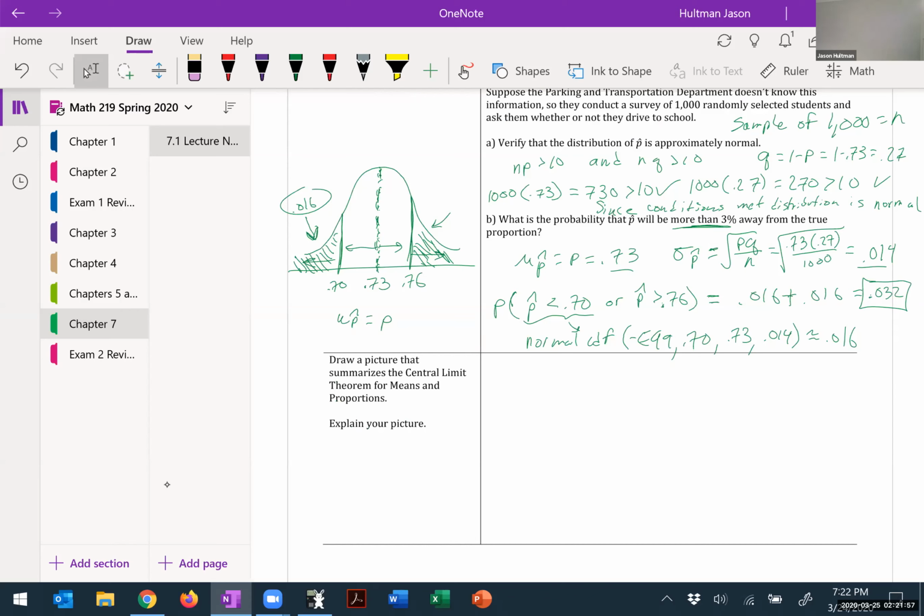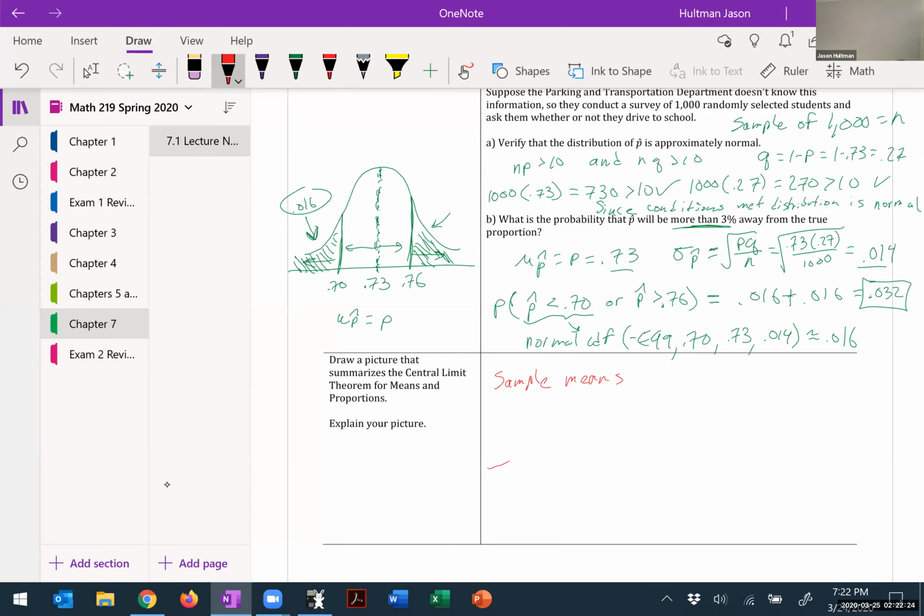Draw a picture that summarizes the central limit theorem for means and proportions. Explain your picture. So let's summarize. For sample means, let's draw one picture. If the sample size is large enough, then it's approximately normal.